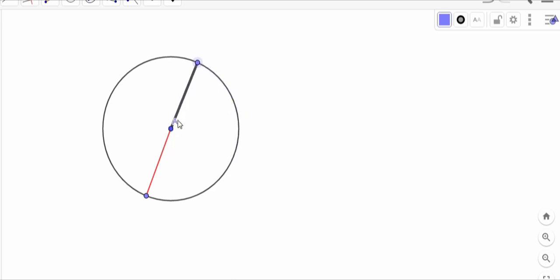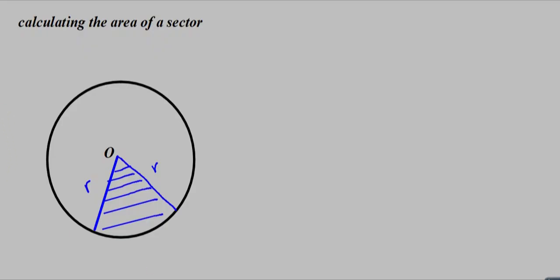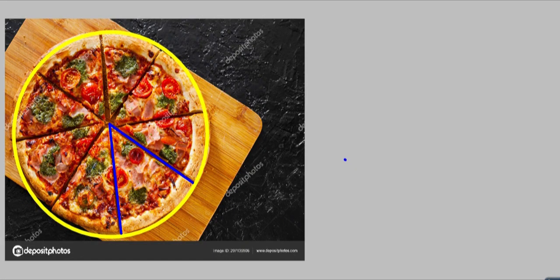Here you have 180 degrees, which is half of 360 degrees, and you have half of the circle. And if you continue, the bigger the angle, the bigger the area of the sector. So we can conclude the same idea. But let's look at this logically.